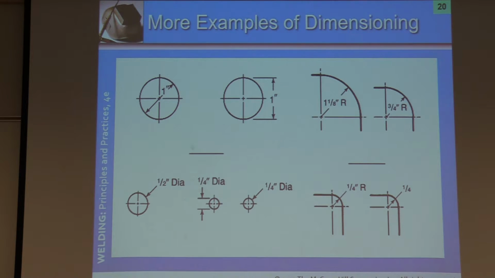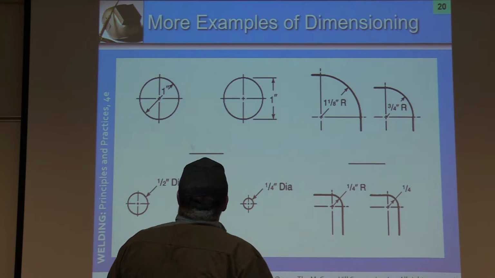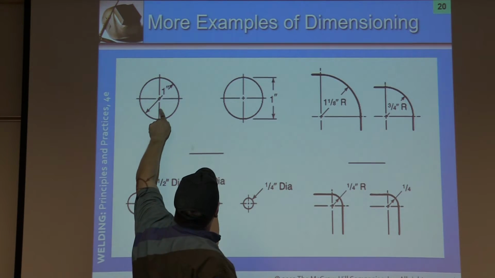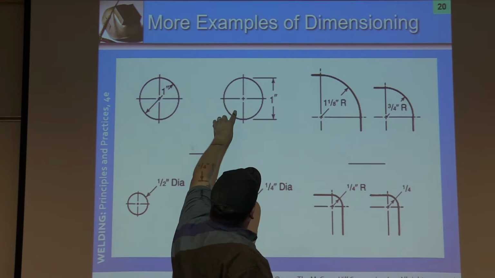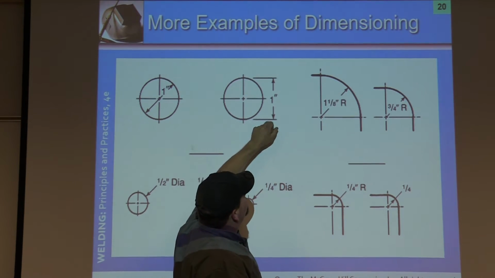We're back under methods of dimensioning, and we're going to look at diameters and radius. Okay. So real quick, we have a 1-inch diameter. It can be dimensioned on the internal. However, if there are other things within this circle, sometimes you will see an outside dimension of 1 inch.